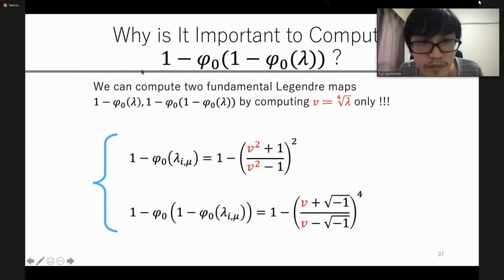So it's the square of a map. You apply phi 0 to lambda, you take the negative of that, you add 1, then you do the same with the result. Does it make sense to look at higher iterations of this map?